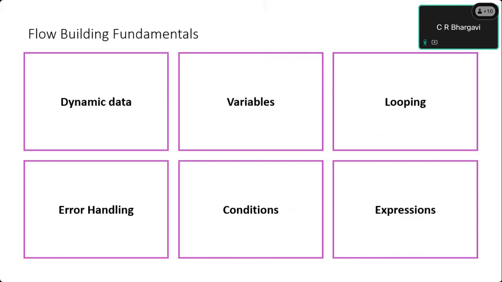Dynamic data is like when we take the invoice as such, the invoice will not be the same for every document, right? One will be of a different format and will have ship from mentioned in it, and one will not have ship from mentioned, or it will directly mention the company name without ship from.